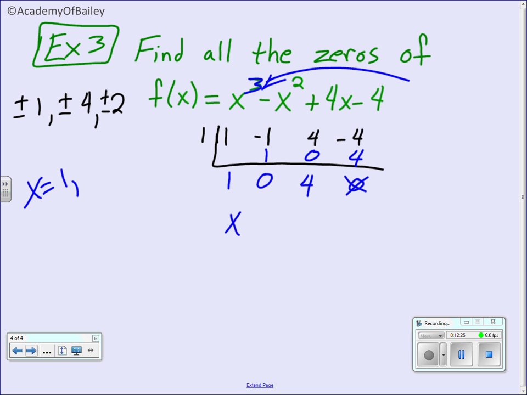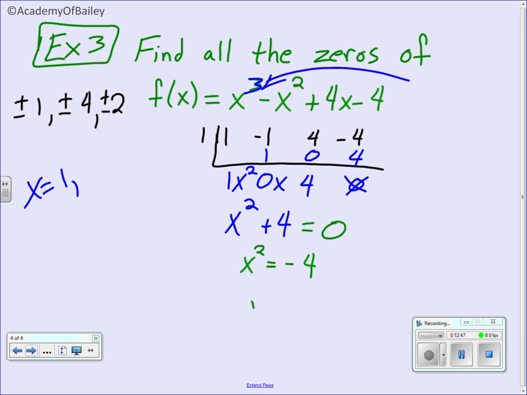If that was x cubed, then this is x squared. And this is x, and then that has the constant. So that's a positive 4. Trying to solve this out, so remember we're trying to find 0, so we can set it equal to 0. We know that x squared is equal to negative 4.